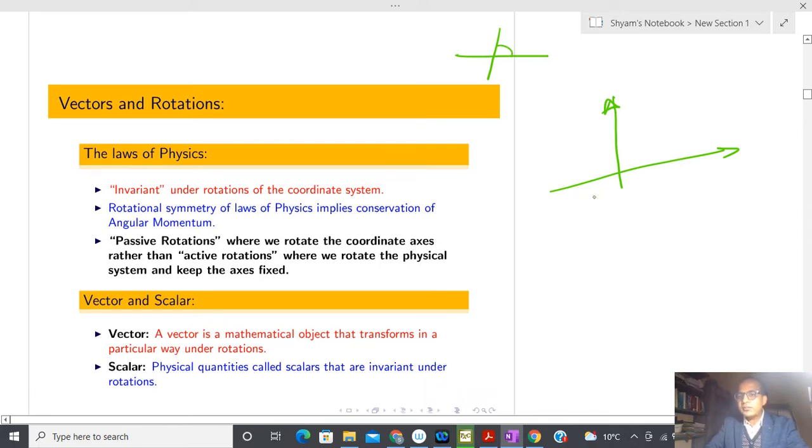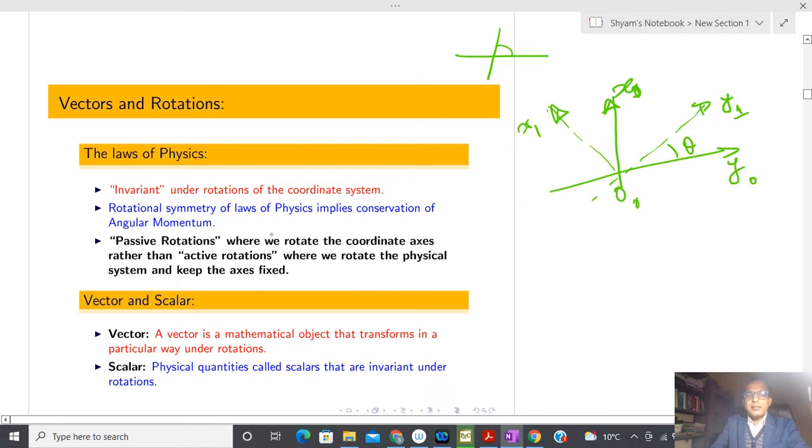Now, if you rotate this coordinate system like this, then whatever law, suppose I am going to talk about the fundamental law of Newton's, all the laws of Newton, if they are valid in this coordinate frame, you can assume x0, y0, and if you rotate this coordinate frame by some angle theta, now you can interpret this as y1 and x1, then it is possible to show that the same law of physics is going to apply there.